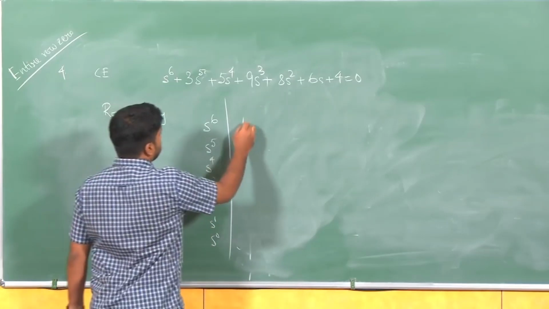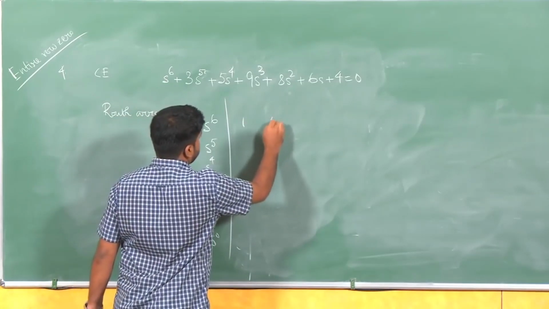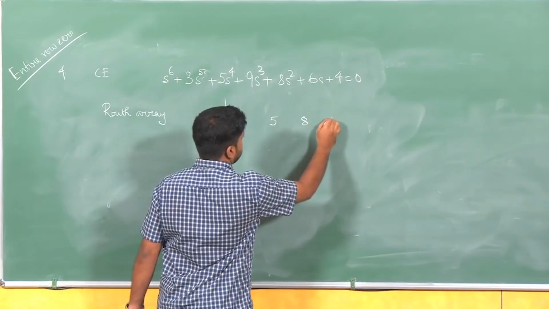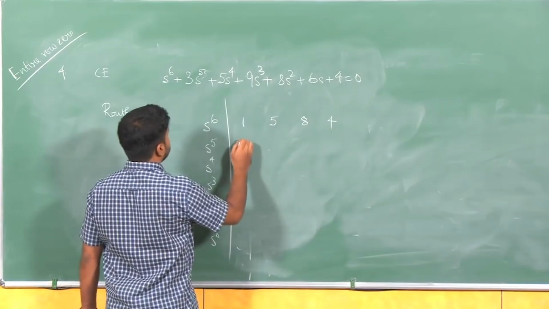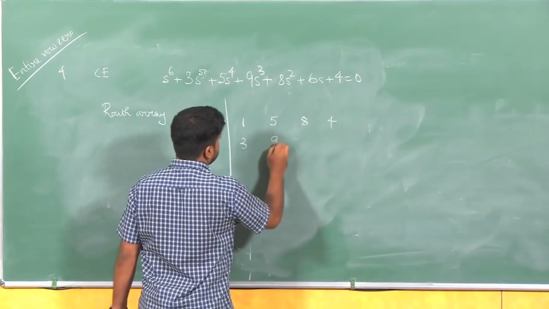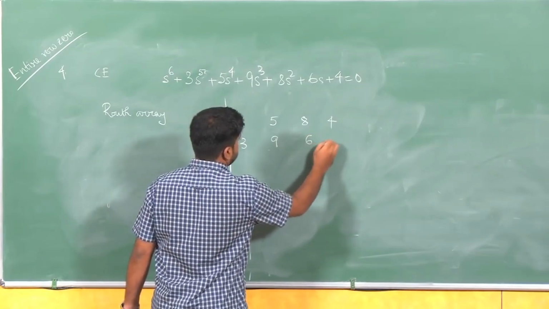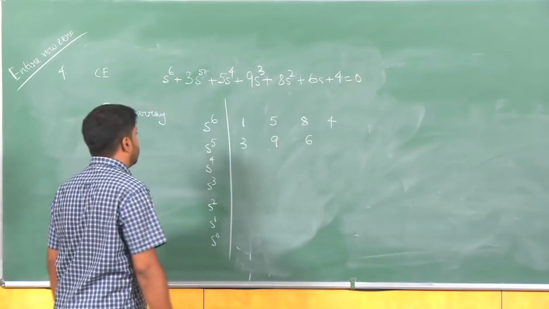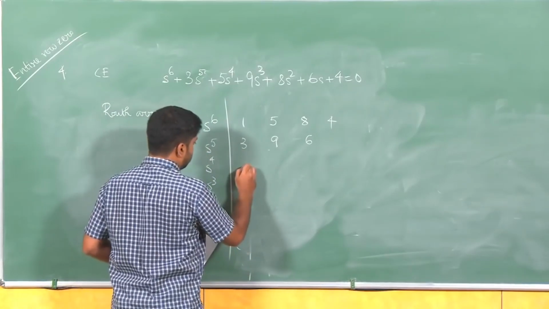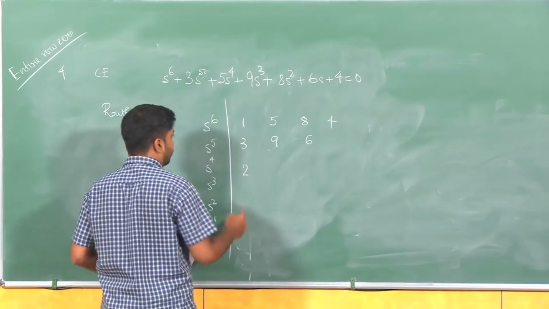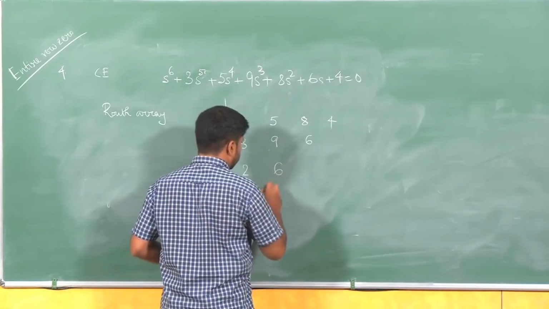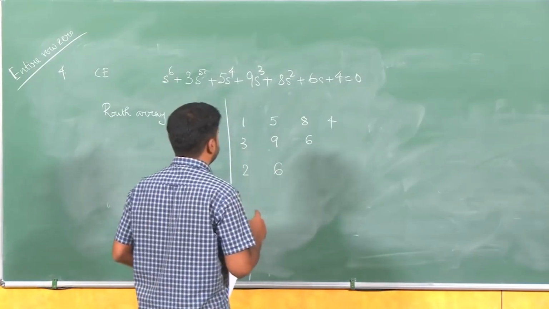Now, first comes 1, then 5, then 8, and then 4. And here is first element is 3, then 9, and then 6. Okay. So, here first element will be 2, 15 minus 9 by 3 are 2, and then 6.